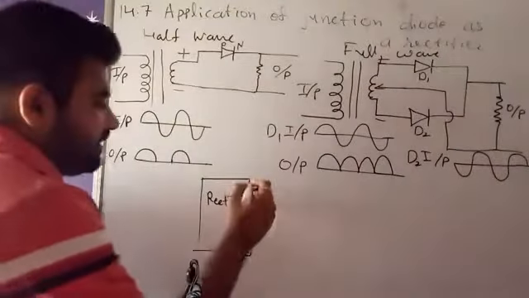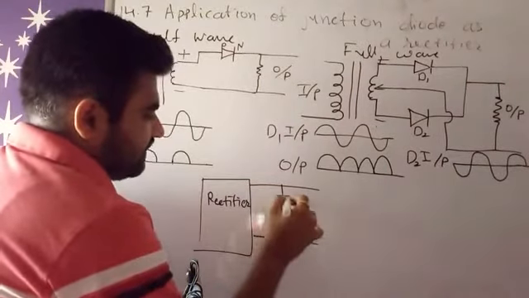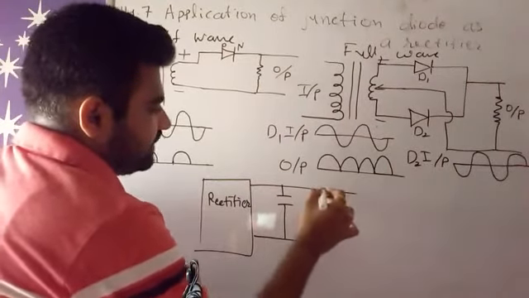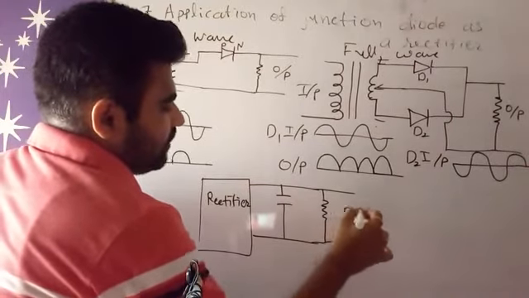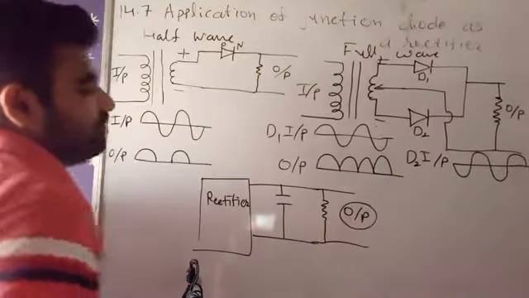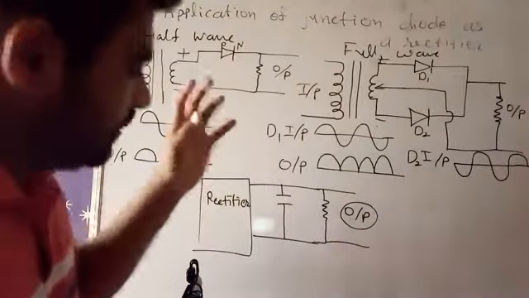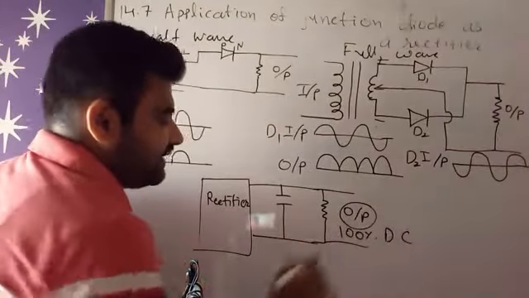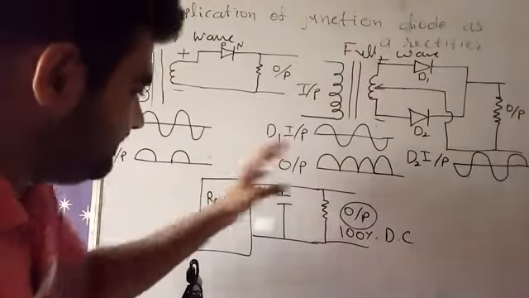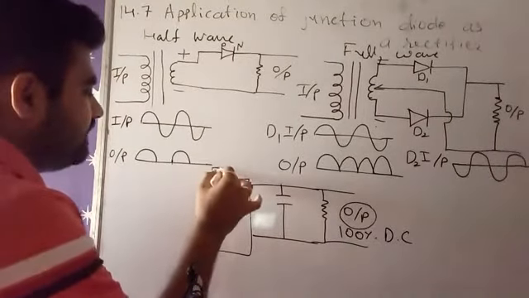That's why we further connect a capacitor, and further some resistance. So as an output we now get a complete 100% DC signal. This circuit is known as a filter circuit.